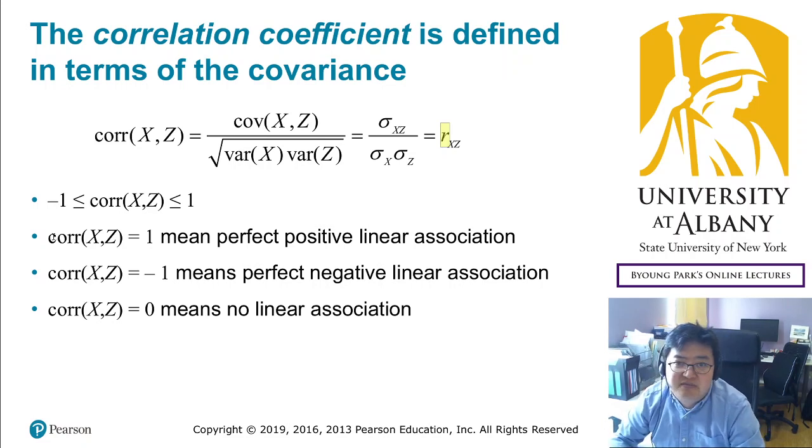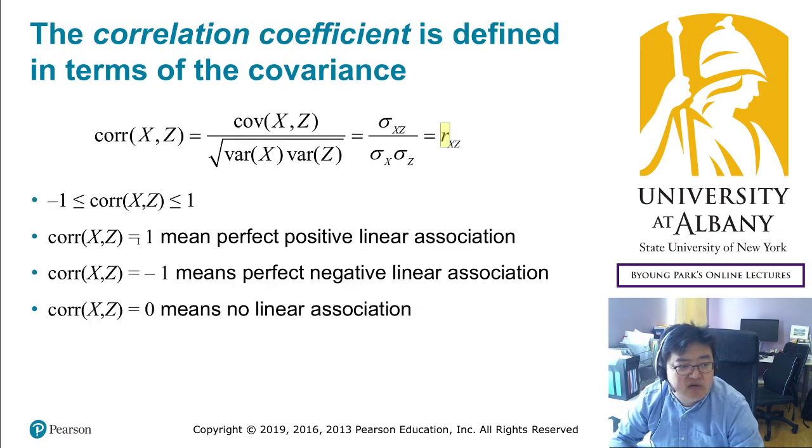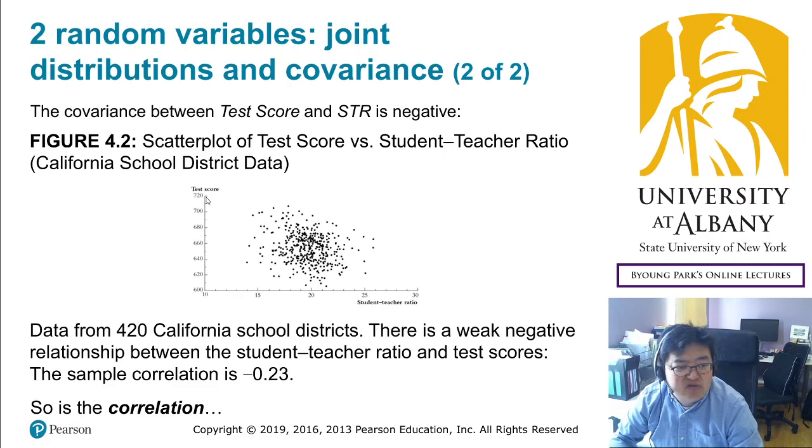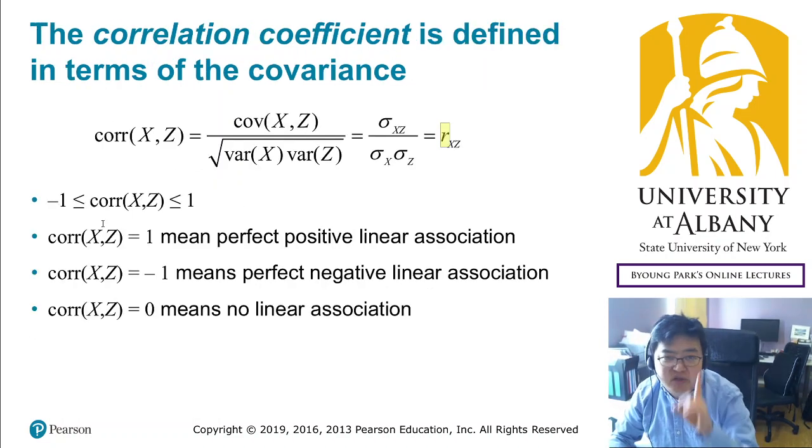And think about some special cases where correlation is 1, which means there is a perfect positive linear correlation. So if correlation equals 1, then you see a line in the scatter plot. All the dots will make a perfect line. That is when you get correlation equals 1.